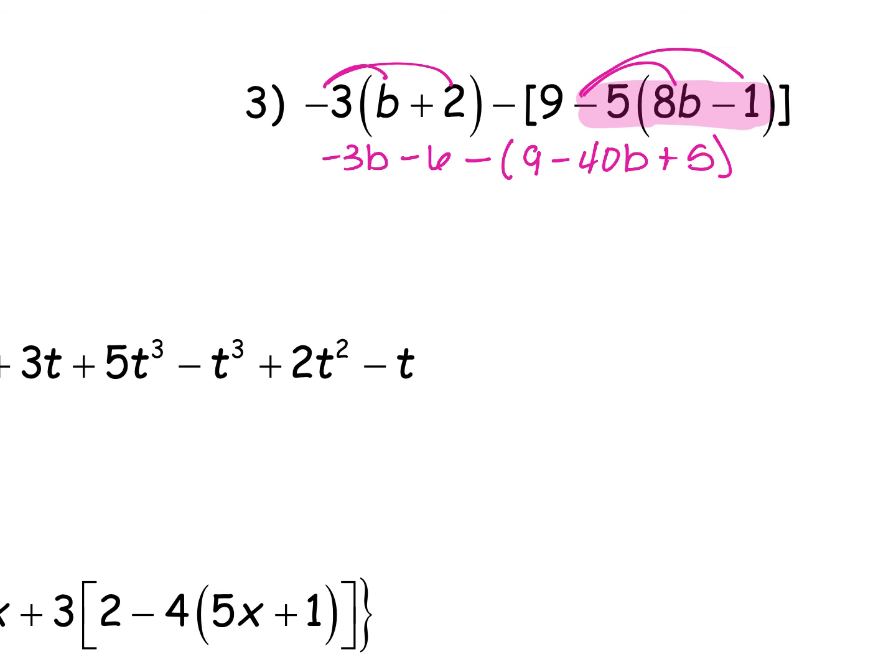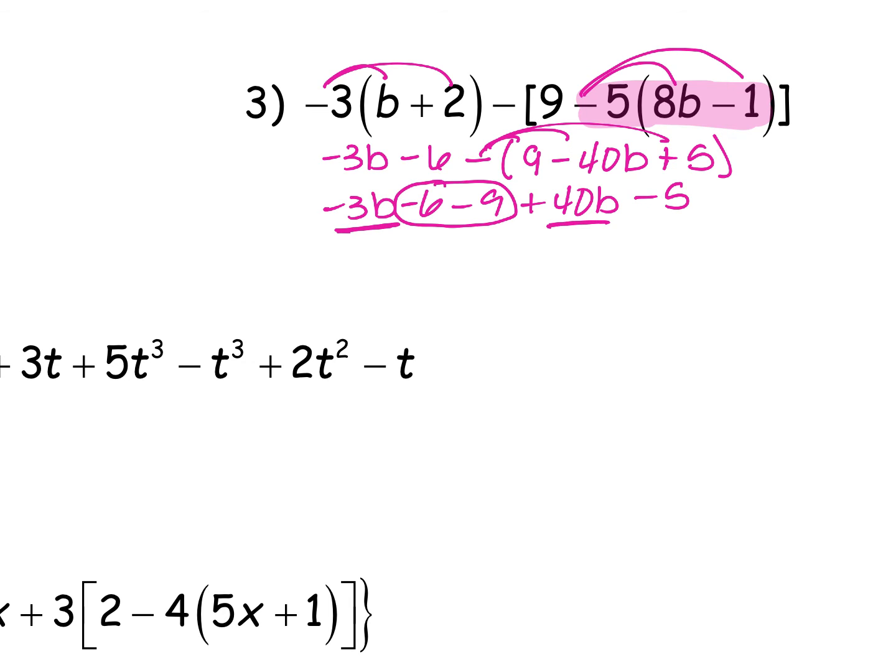And then I have to do what? Distribute the negative. Very good. And I get negative 3b minus 6 minus 9 plus 40b minus 5. If I identify my like terms, I've got my b terms and then just my numbers. So what do I get? 37b and negative 20. Good. There you go. Questions?